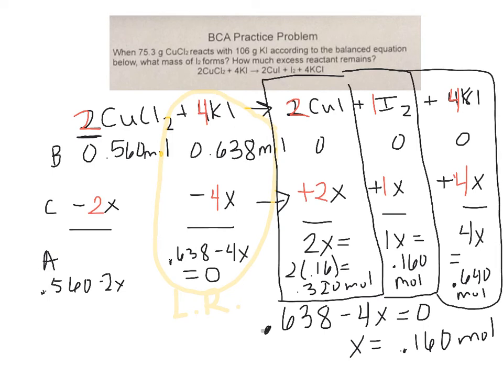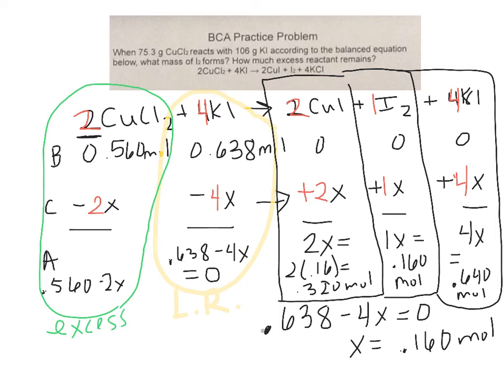All right. Now, the part that's really helpful about all this is over here on the left, the reactant, that excess reactant. Let's highlight the excess in green. This guy is excess. And this question is asking me how much excess remains. Well, now that I know what x is, I can sub it in, and that will tell me after the reaction's done how much excess I have. So I will do that. See if I can get more screen here.